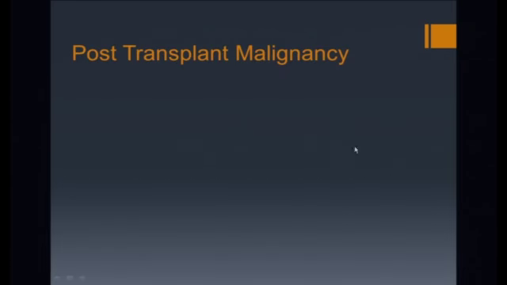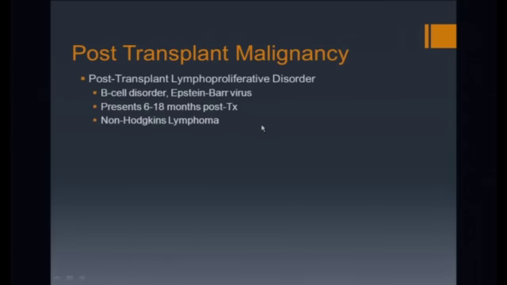Post-transplant malignancy can be caused by post-transplant lymphoproliferative disorder. This is a B-cell disorder caused by the Epstein-Barr virus and presents 6 to 18 months post-transplant due to the immune-suppressed state of the patient. It is a form of non-Hodgkin's lymphoma.